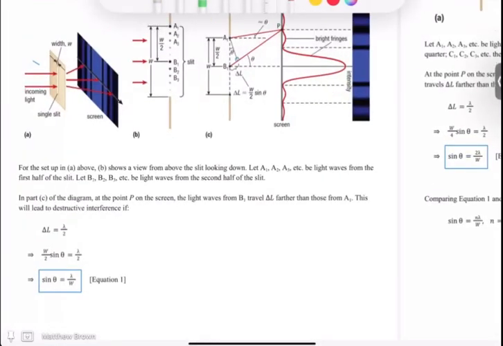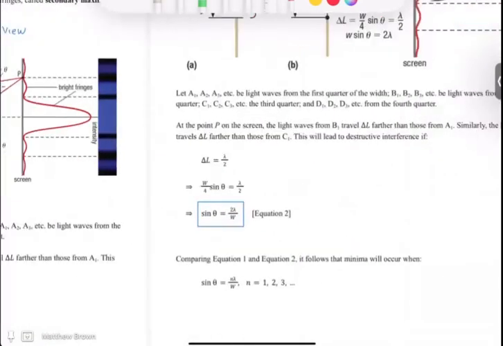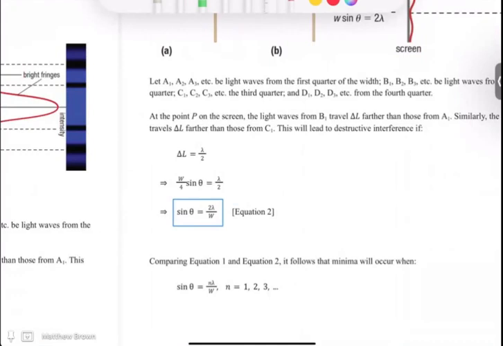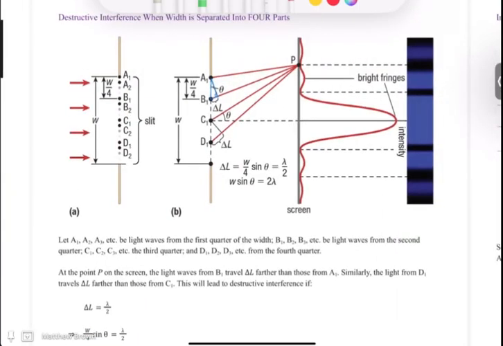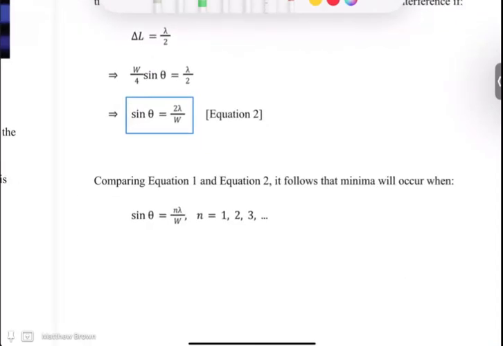And you can see on the last one we looked at, it was just lambda over W. And if we compare these here then, we can say, well, if we continued this pattern then, we could divide this thing up into, here we divided it into 4, right, twice as many. So if we divided this thing up into 8 or whatever, we could continue this pattern and we should get this equation right here.